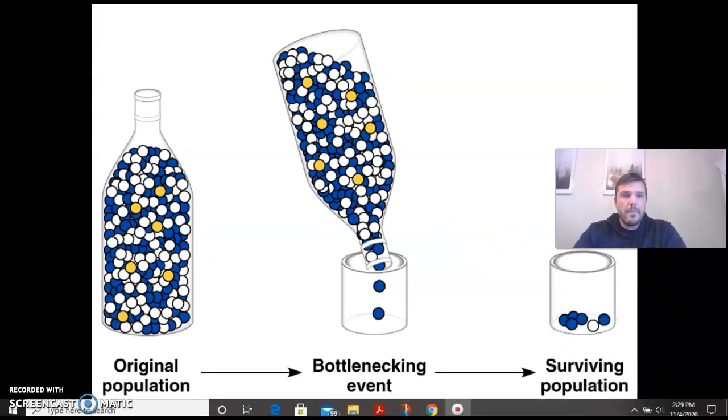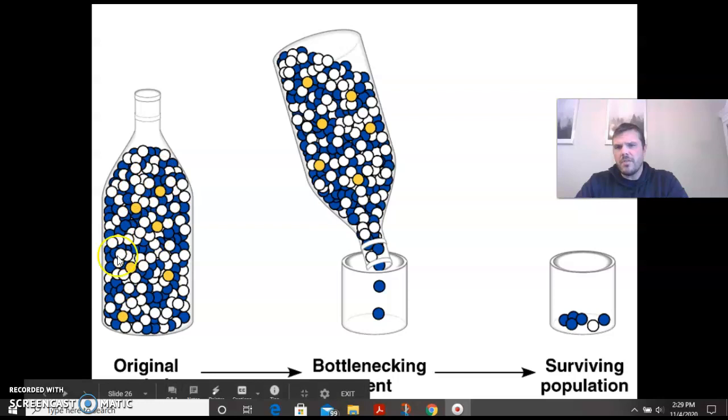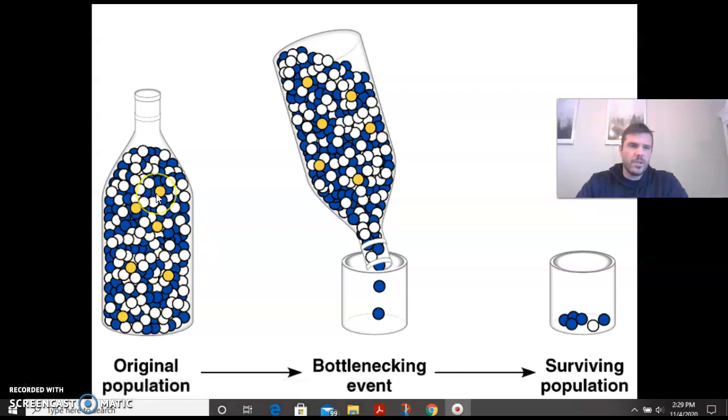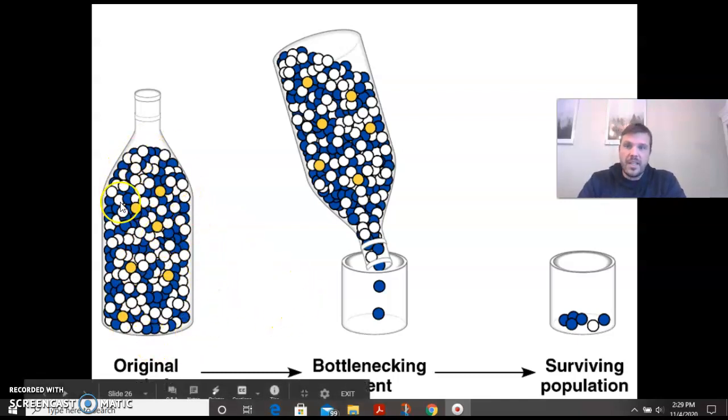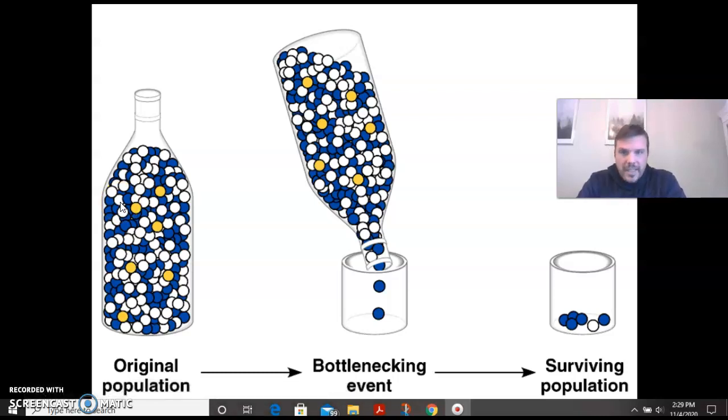So imagine that in this bottle we've got all of these different alleles for a certain gene. Here we've got a pretty healthy mix of blue and white, whatever, and some yellow mixed in. This would be like the big A, little a, those alleles.